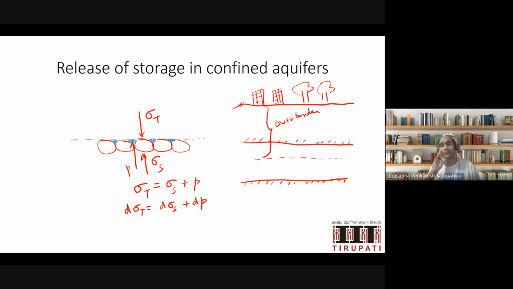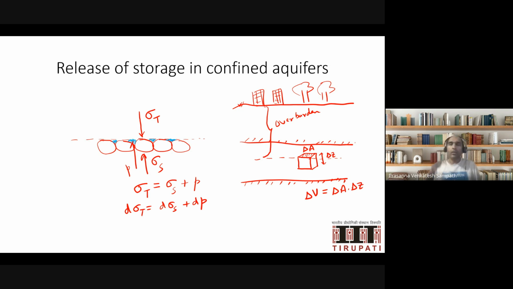Now imagine that I have a small elemental volume here at this surface. Okay, I have a small control volume at that imaginary surface, which has a cross-sectional area of delta A and a thickness of delta Z. So let's say the volume of this box, delta V, equals delta A times delta Z. Let's imagine this.